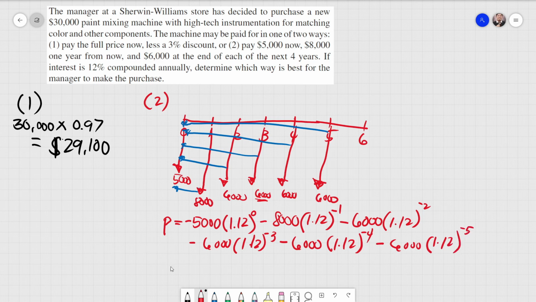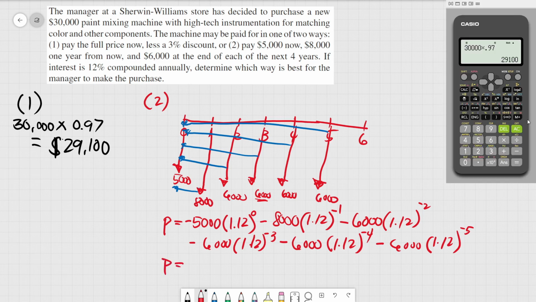Okay, so i-plug natin lahat ito sa calculator and let's compute for this. Negative 5,000 times 1.12 raised to 0. So, times 1 lang yun.